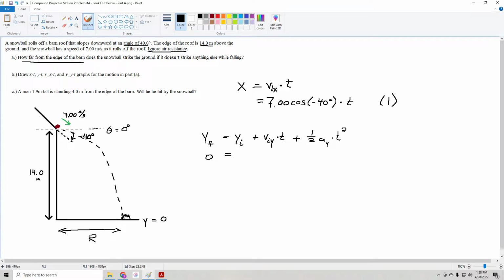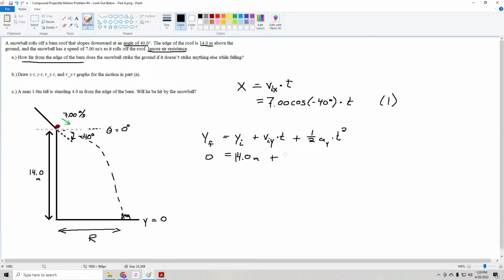The initial position in the y direction is what? Well, when it's sitting on the top of the roof, right before it falls down off the edge, it's 14 meters above the ground. So we'll change the y initial to 14.0 meters.